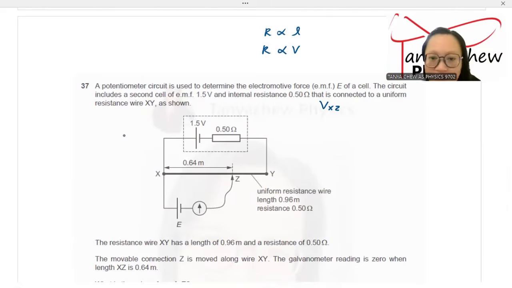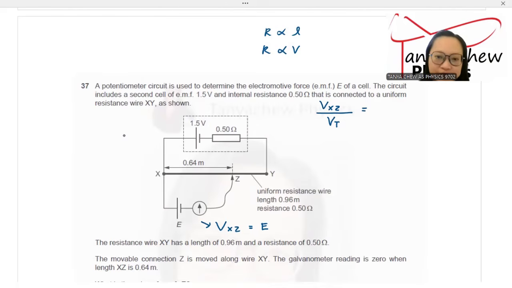You have to remember why the galvanometer reads 0. Because V across XZ is equal to E. Is that okay? Over the total V, which is 1.5, is equal to the resistance.